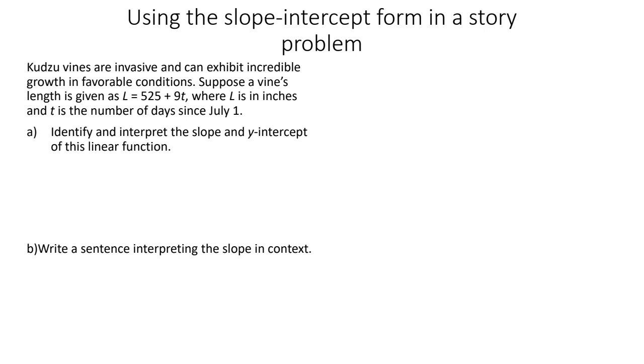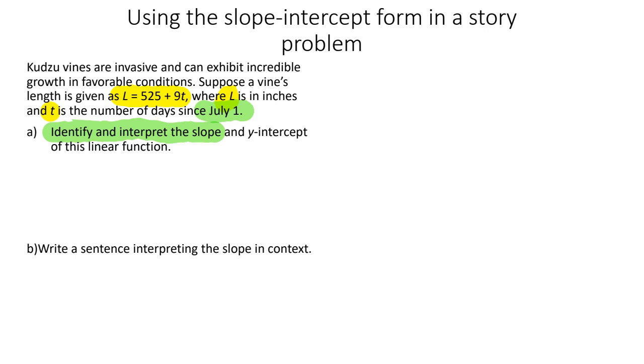Suppose the vine's length is given by this equation, where L is in inches, T is the number of days, and this is the catch you have to watch, since July 1st. Identify and interpret the slope.